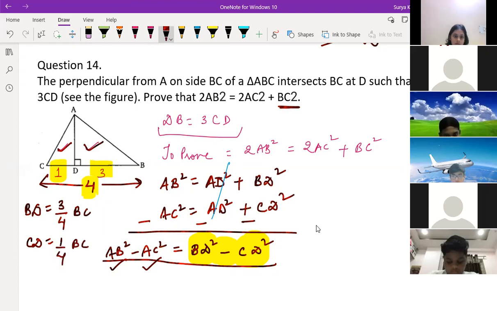Now you will put the values. I hope you will get the answer for sure. All of you find now. Put the values for BD and CD. So BD is 3 by 4 BC and CD is 1 by 4 BC. Try to put these values here. Are you getting it or not?